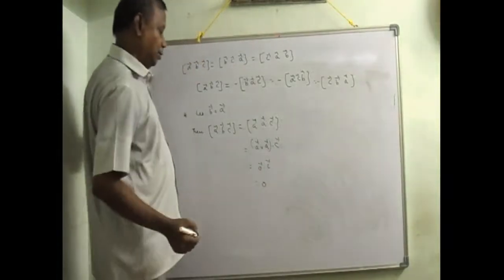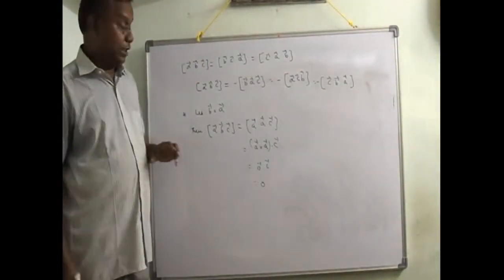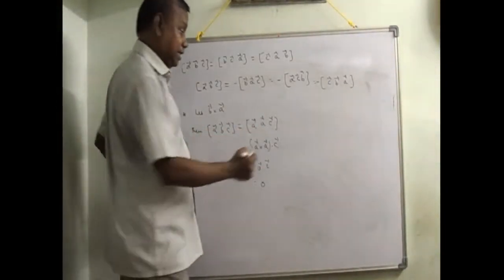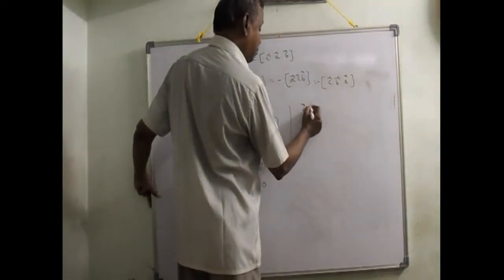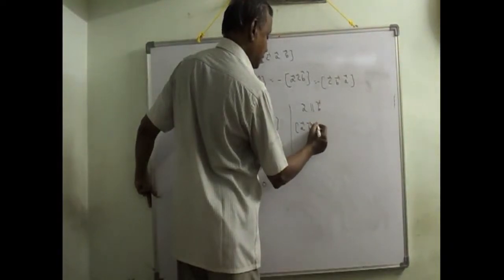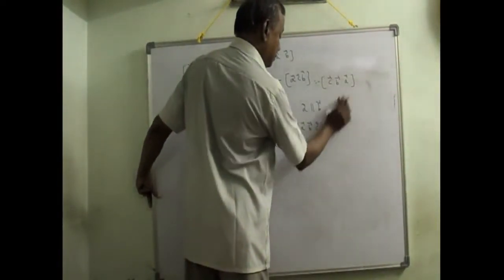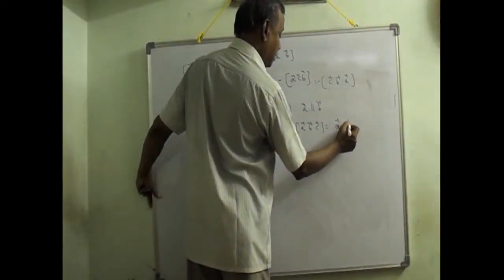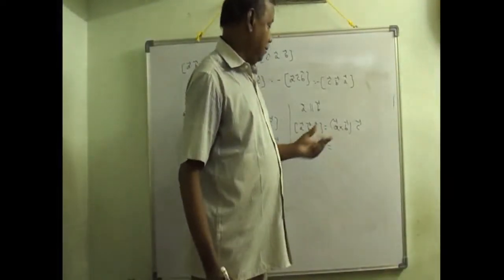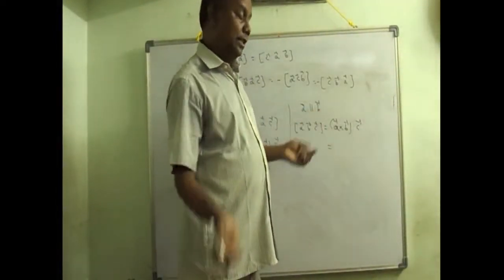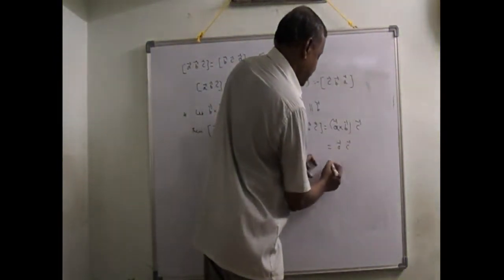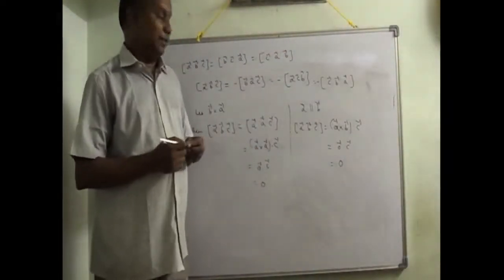So it is equal to 0. Hence, if two of the vectors are equal or parallel. In the next case, let A vector be parallel to B vector, then box ABC will be equal to A vector cross B vector dot C vector. Now A cross B equals 0 vector, because A vector and B vector are parallel vectors, which we have already learned. In that case also it is 0 vector dot C vector, which is equal to 0.